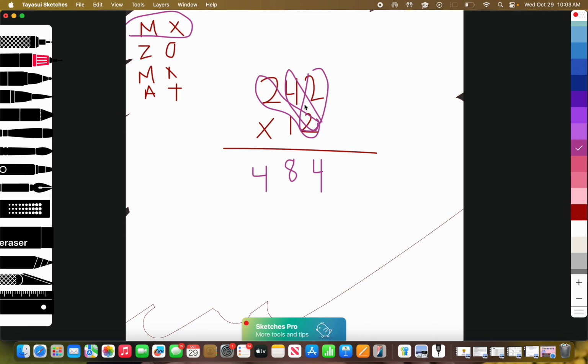So if you notice, I start with a 2, which is in the ones place, multiplied it by the ones place of the number above, multiply it by the tens place of the number above, multiplied it by the hundreds place with the number above.